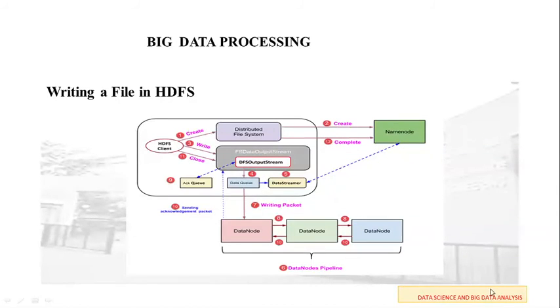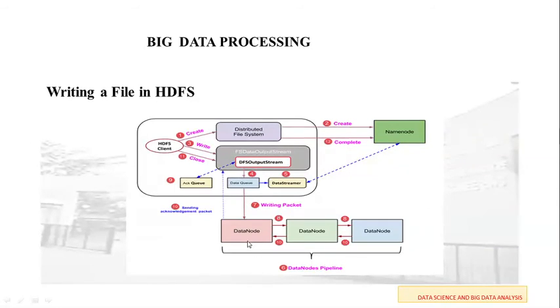After this, step number 6, that is the data node pipelining. Now the process of replication starts by creating the pipeline using the data nodes. Here we have chosen the replication level of 3, and hence there are 3 data nodes in the pipeline. So how many data nodes did we choose here?